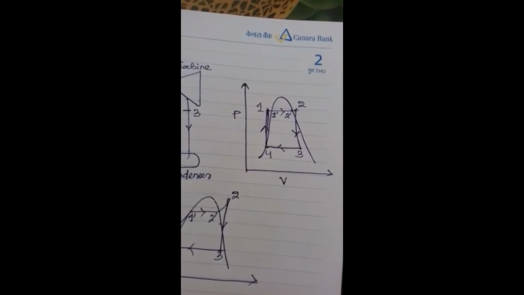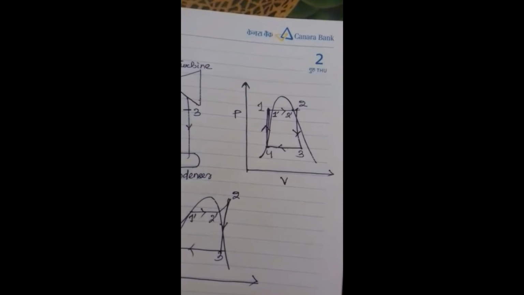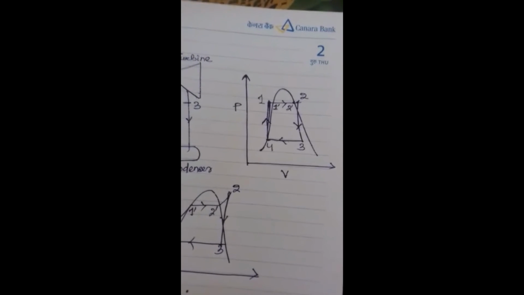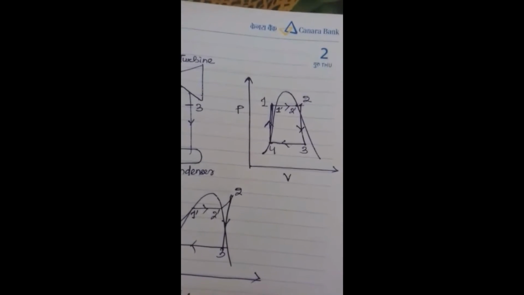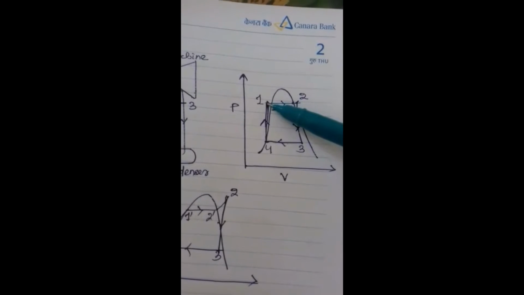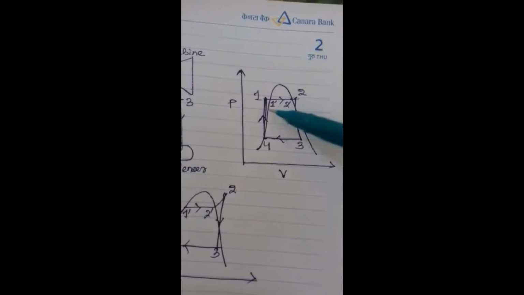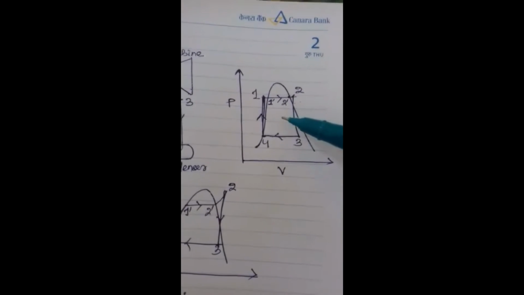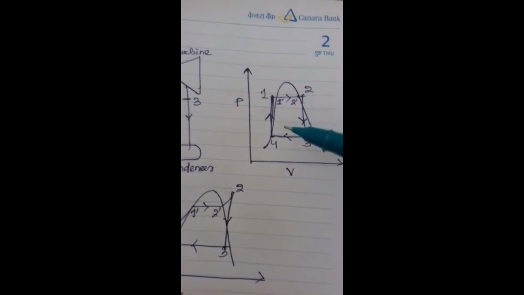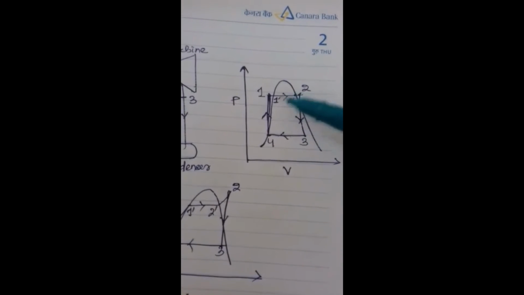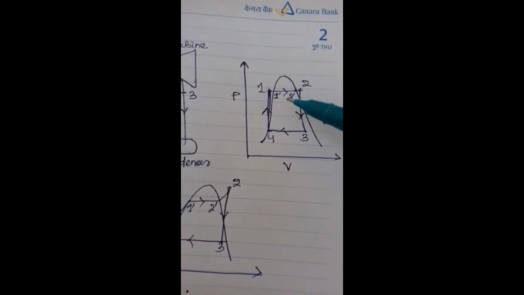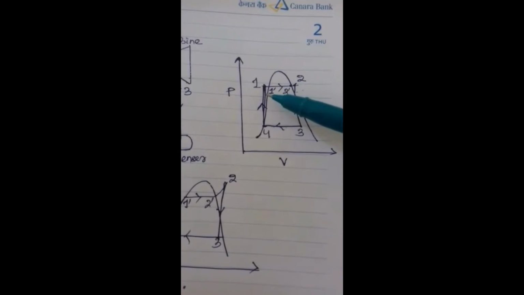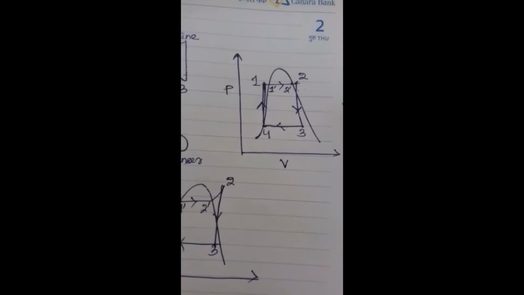We can see the process 1 to 2, that is the boiling process, in the PV diagram at a constant pressure, shown from state 1 to state 2. In the boiler, as heat is added to the water, it changes its phase from liquid state to vapor state.